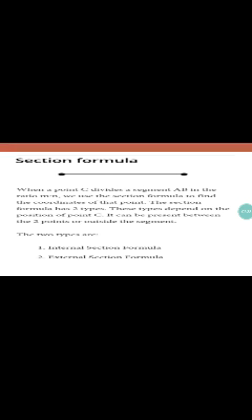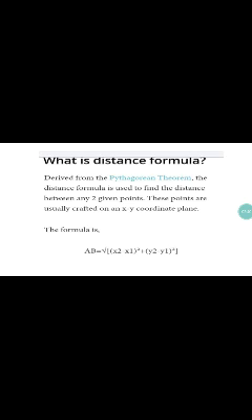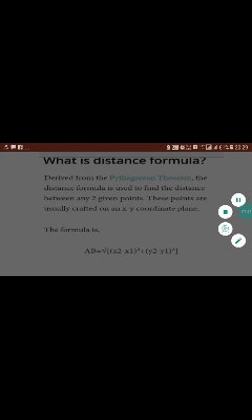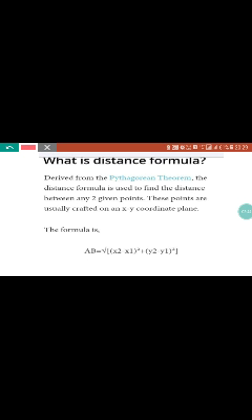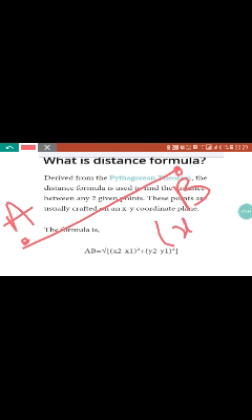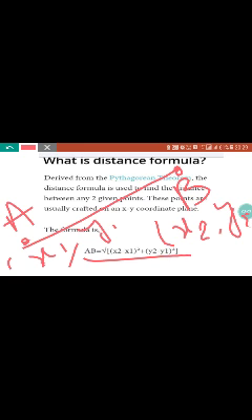If I explain this with a figure, you can see that also. This will be 2 points. This is point A and this would be point B. Its coordinates will be x2 and y2, and these coordinates will be x1 and y1, and then we have to use this formula.